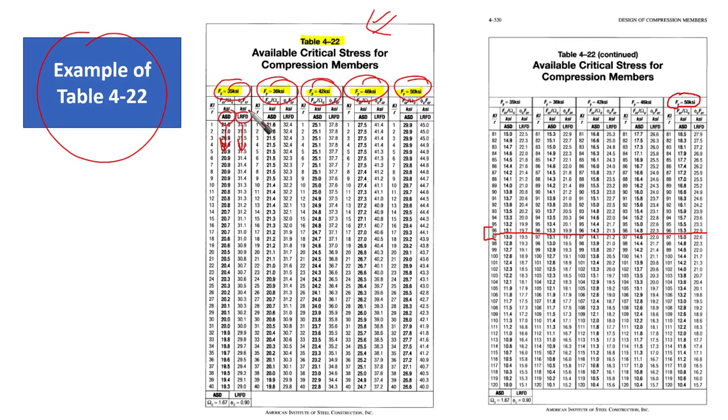So under every yield strength, there are two different columns. Every one of them is providing information for LRFD and ASD, which is the allowable strength for ASD and the design strength for LRFD. Okay.